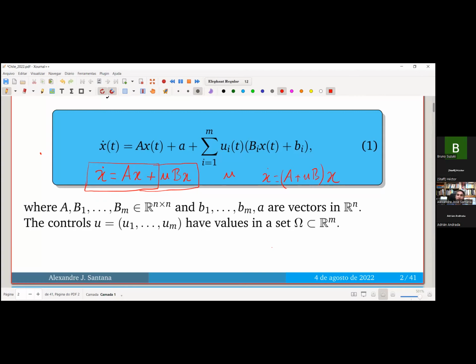Then for fixed U, we have again the trajectory for this initial point. But we can go from this x0 point for some time t0 and stop, for example, here, because we just use this time t0.